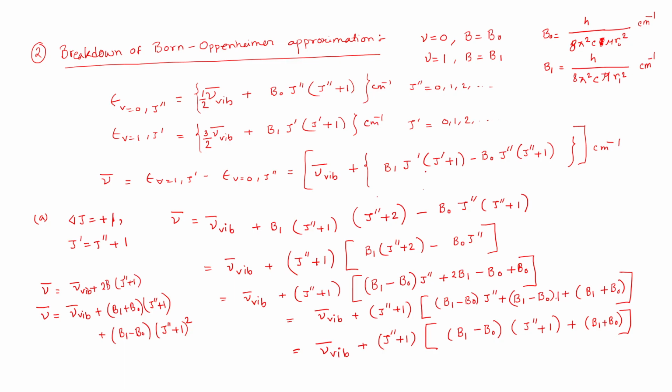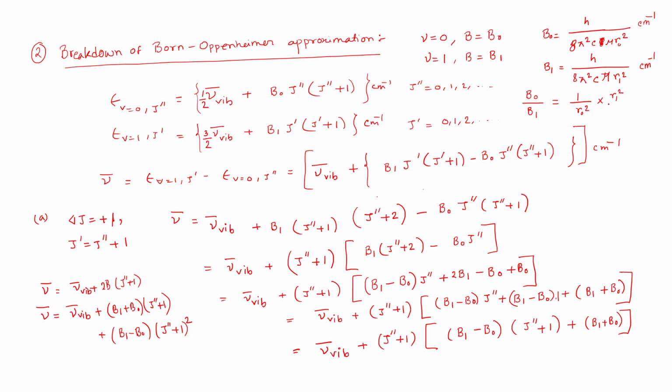Okay, I am writing it again. B0 by B1, right? If I write it like that, for B0 we have 1 by R0 square. All the other terms are common, and for B1 it is 1 by R1 square.